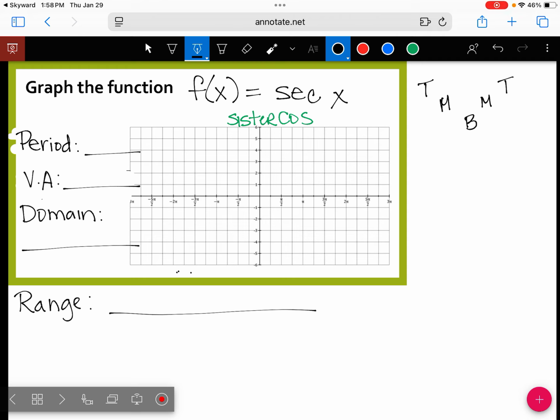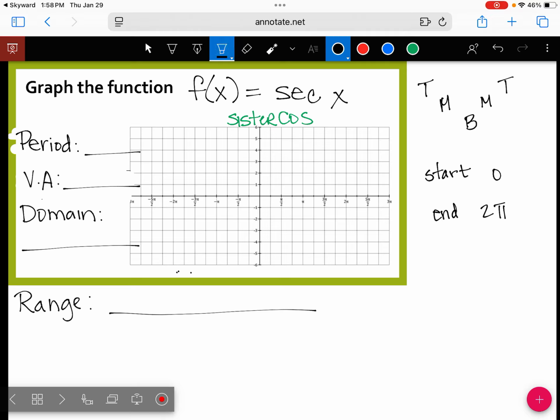So step number 1, find the pattern. Step number 2, figure out where you start. This is the parent function, so we don't have parentheses. So I'm going to start at 0, because it's the parent. And my period is 2 pi, so I'm going to end at 2 pi.